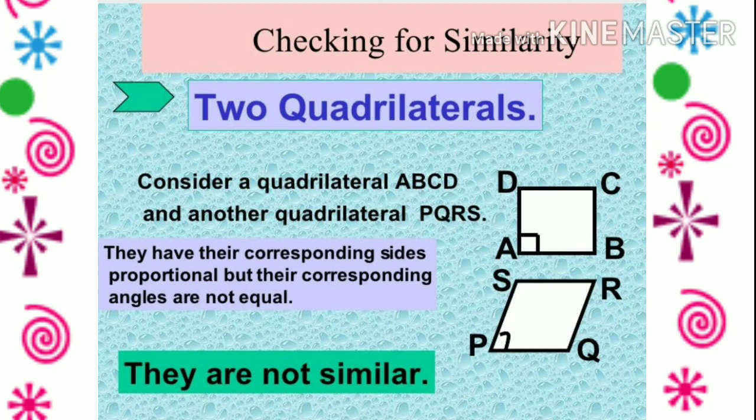In the previous example, they are equiangular but their sides are not proportional. In this example, the corresponding sides are proportional but their corresponding angles are not equal. In the first figure, the angle is 90 degrees and in the second figure, the angle is not 90 degrees. So the two quadrilaterals are not similar.